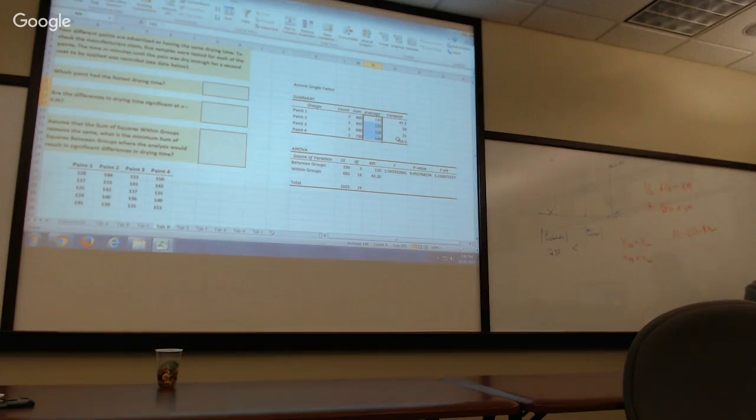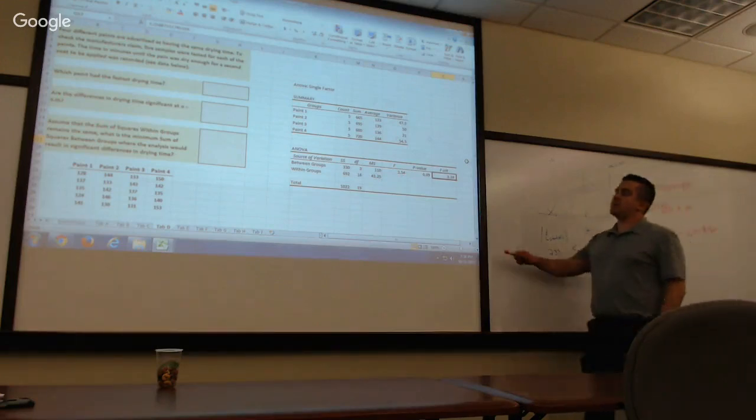The second one says, are the differences in drying times statistically significant? So, we look at our F-stat and our F critical value, or we can look at our p-value. At an alpha of 0.05, our p-value is 0.09.